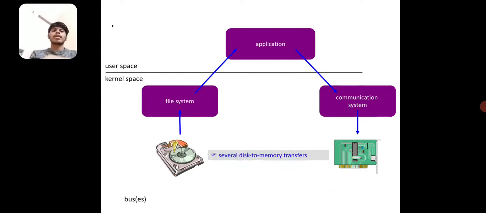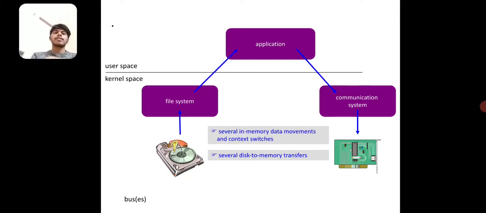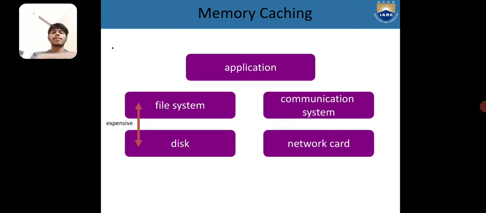Several disks to manage, memory transfers, several in-memory data movements and context switches. So memory caching: application, file system, disk, communication system and network card.